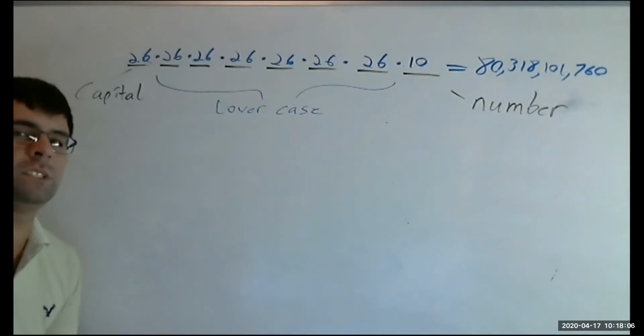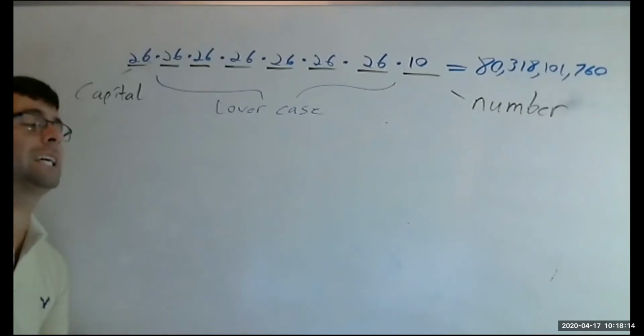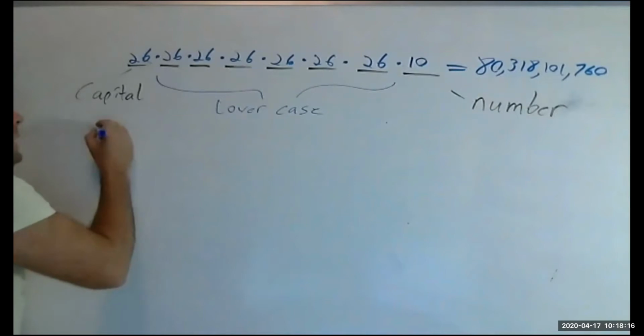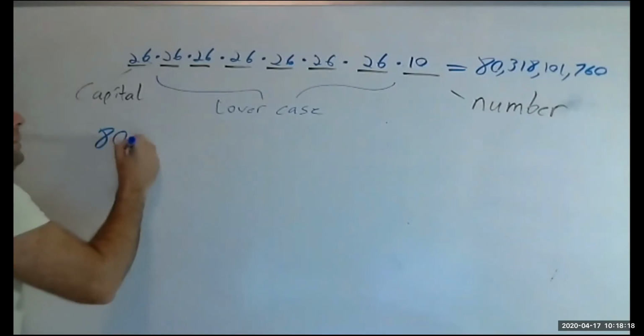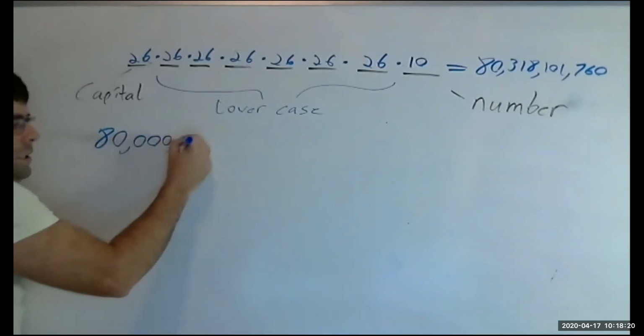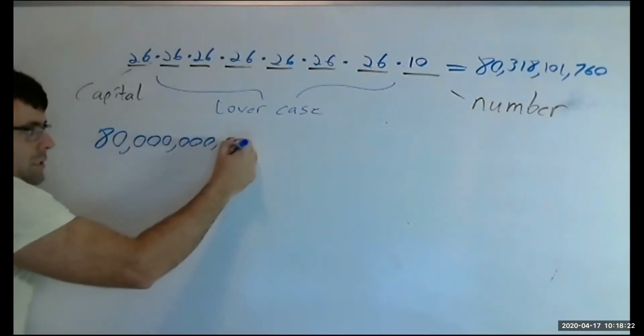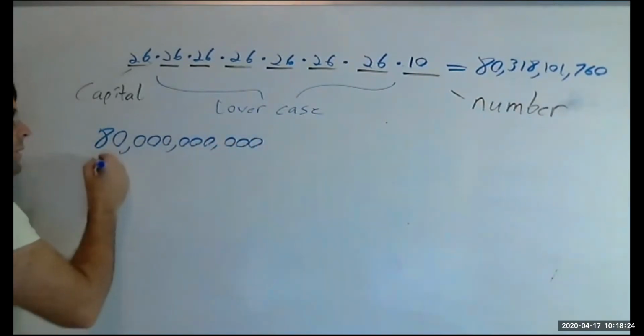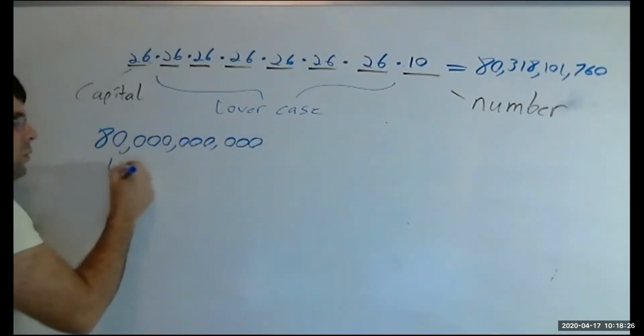So how fast did we say our computer can check? 1 billion per second. So what is 80 billion over 1 billion?